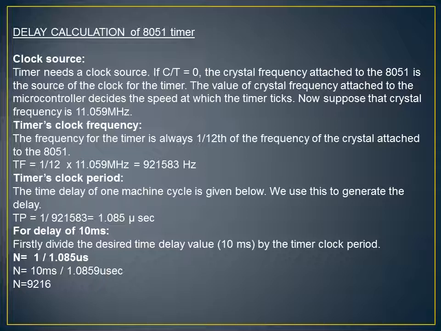So n is equal to 10 millisecond divided by 1.085 microsecond. So n is equal to 9216.